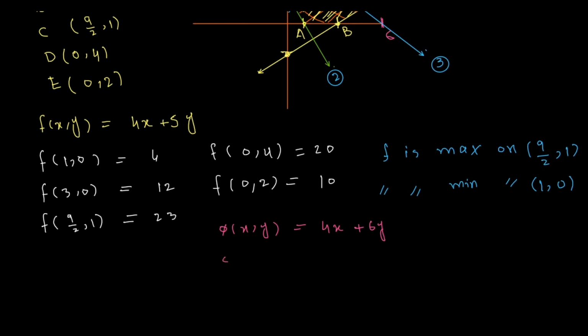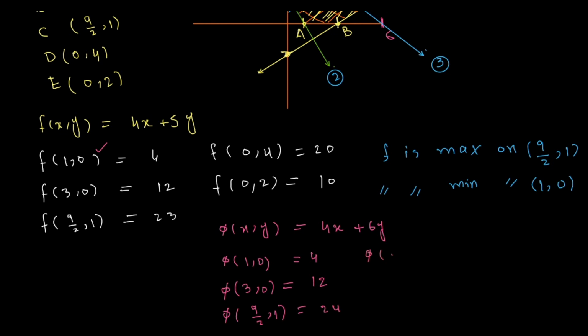Now putting the values, phi of 1 comma 0, we will get 4, and phi of 3 comma 0, in this case we will get the answer 12, and phi of 9 by 2 comma 1 will be equal to 24.